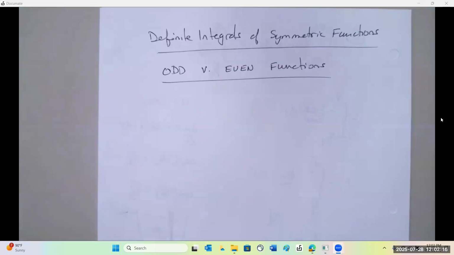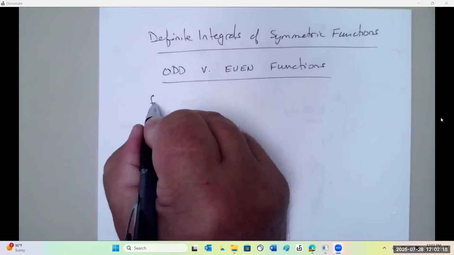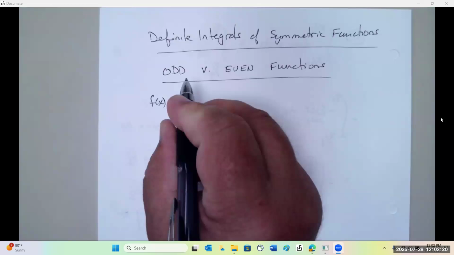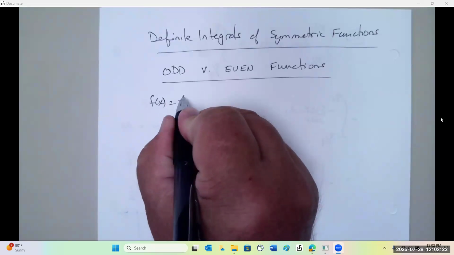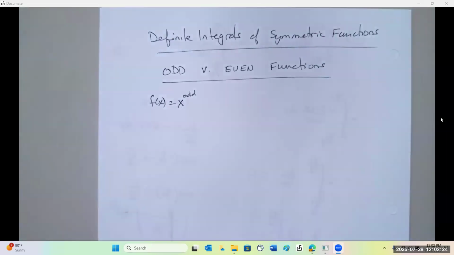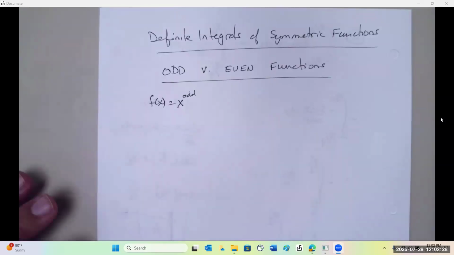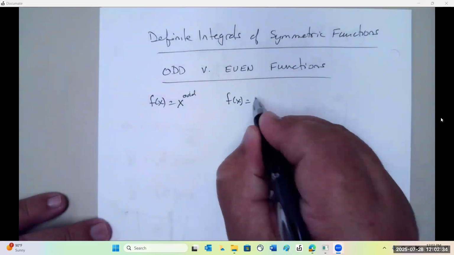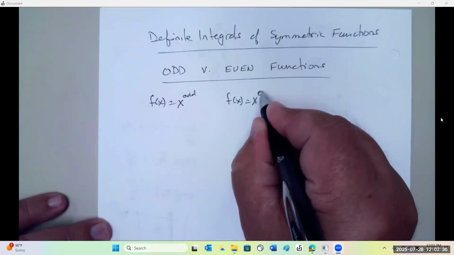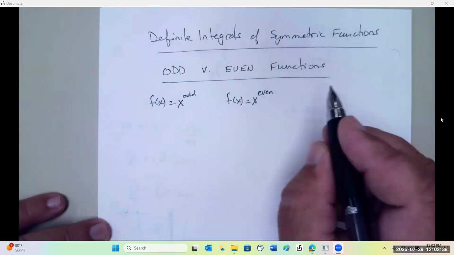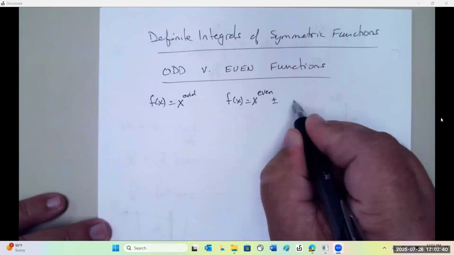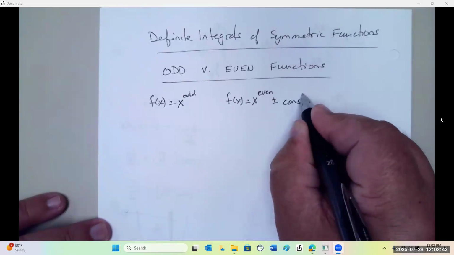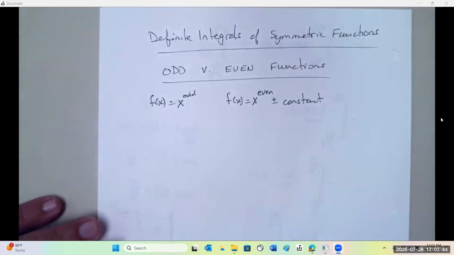Origin. Yes. Because if a function only has odd exponents and no constant numbers, then it's an odd function. If a function has even exponents and maybe plus or minus a constant, then it's an even function.